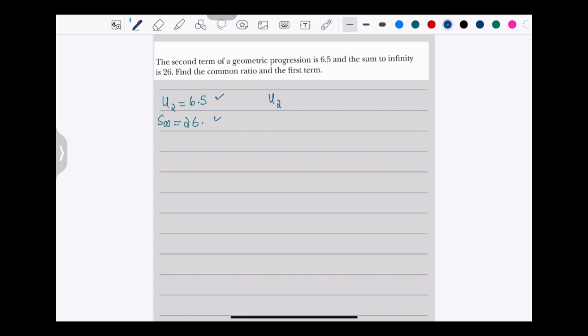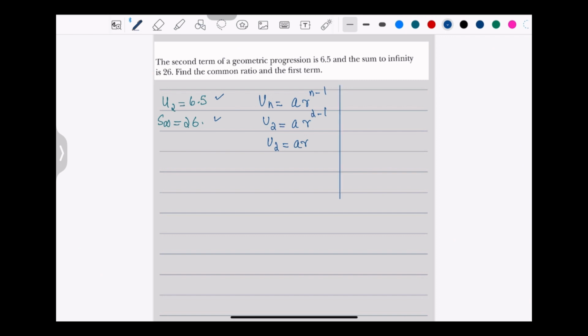U2, as you know, u of n is a r to the power n minus 1, and u of 2 is going to be a r to the power 2 minus 1. U of 2 is going to be a r.